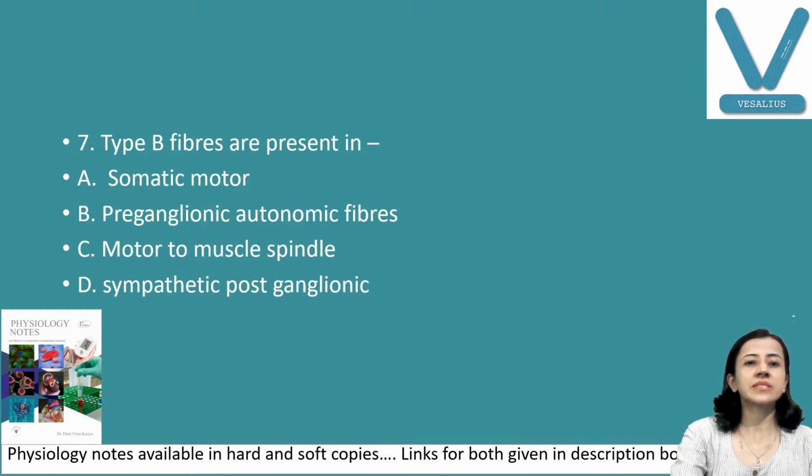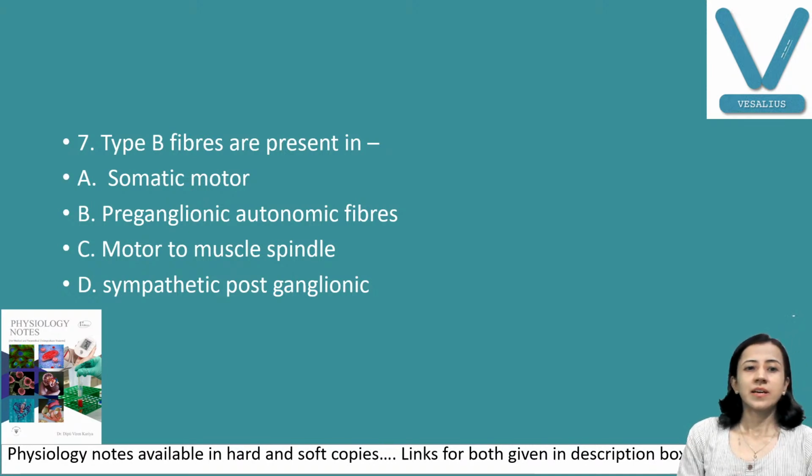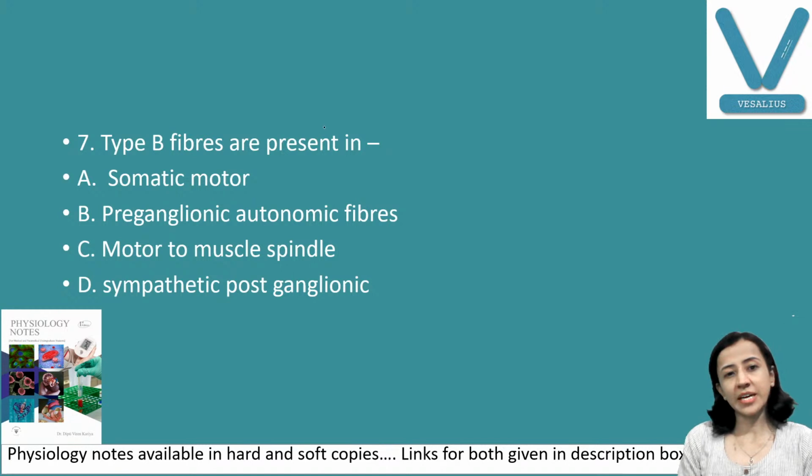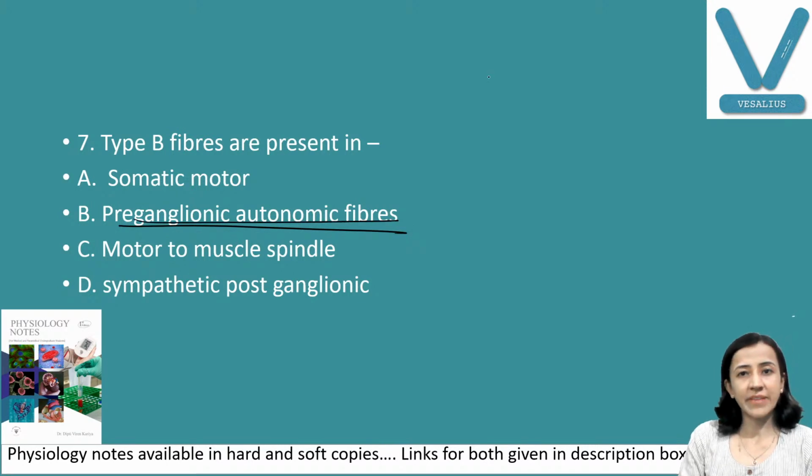Type B fibers, they are present in preganglionic autonomic fibers. I just explained this autonomic nervous system.